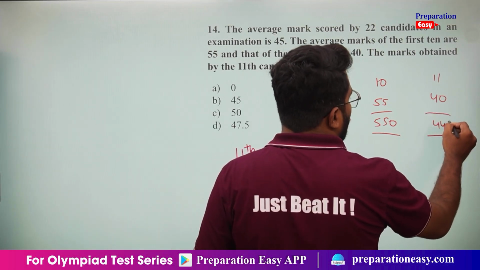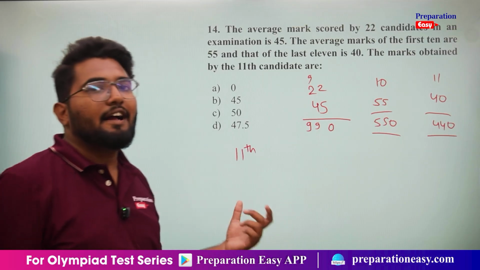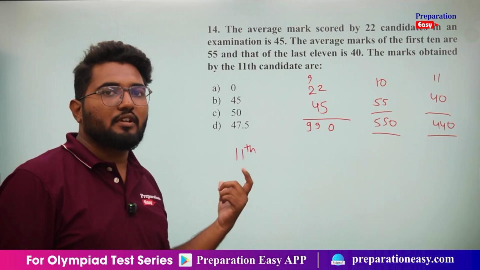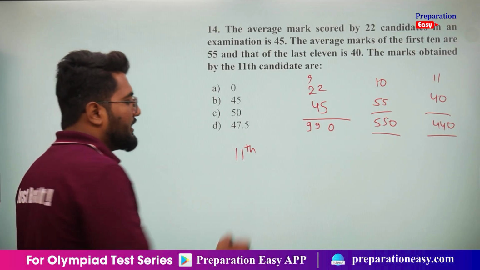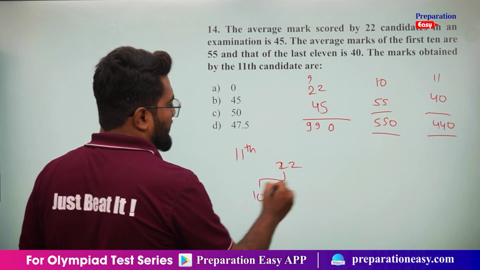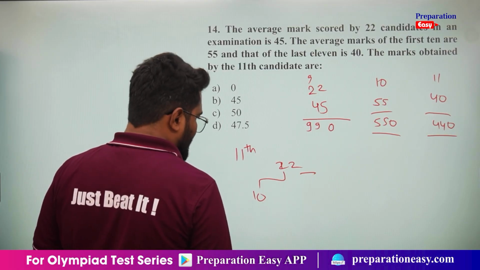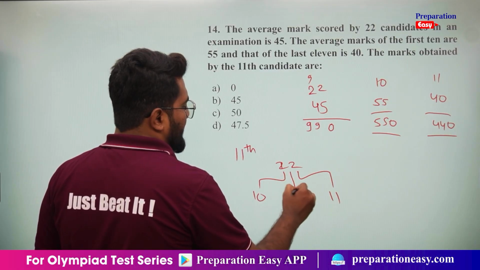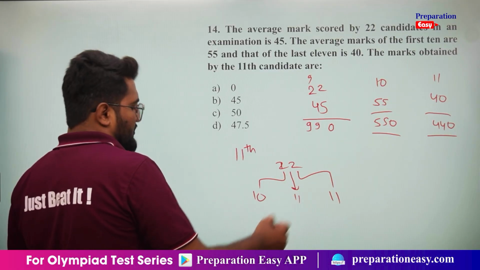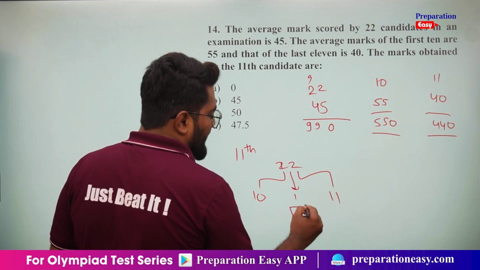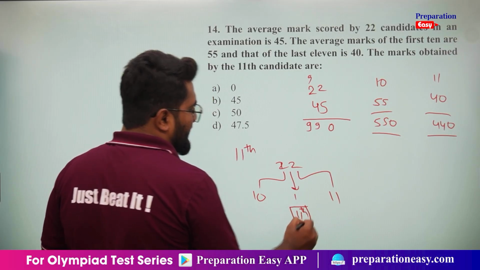Okay, 440. If I have to find the exact marks of the 11th student, there are total 22 students. First 10, last 11, 10 plus 1 plus 11, this is the 11th candidate.